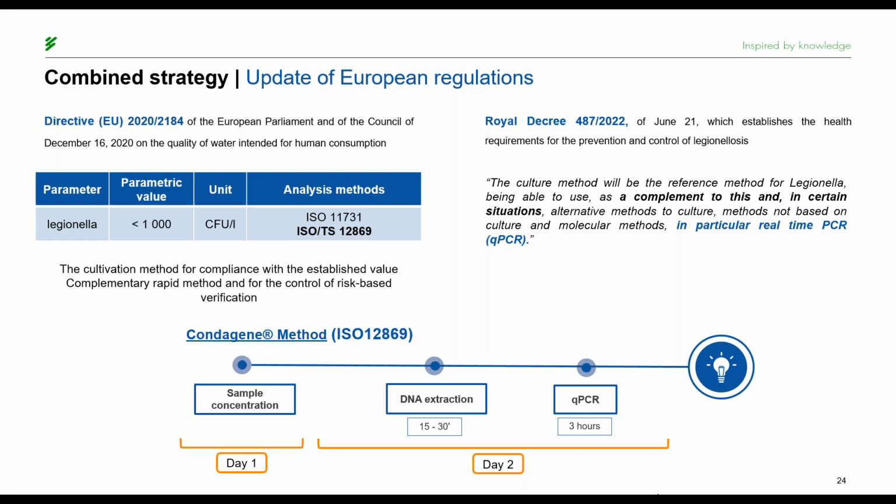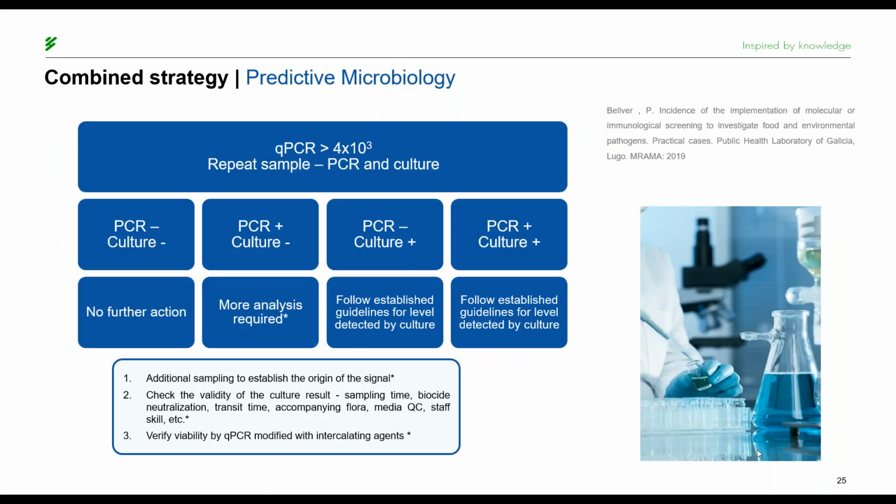And it is where Contagion has been specifically developed following this ISO 12869 for the detection of Legionella by qPCR, and where it can fit perfectly, following as well the recommendations of both regulations.